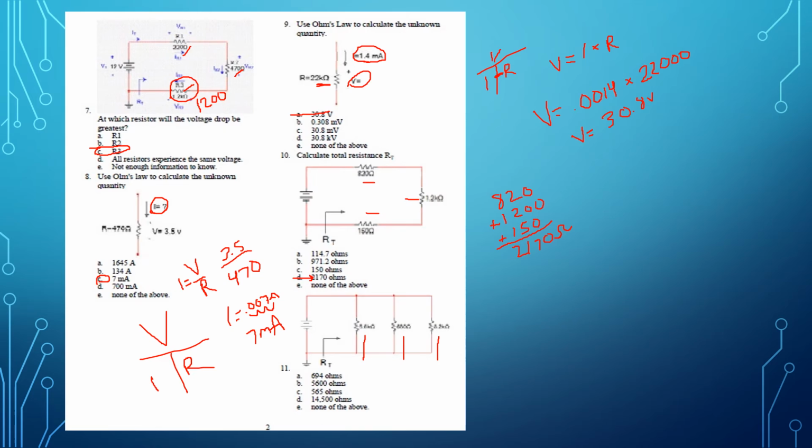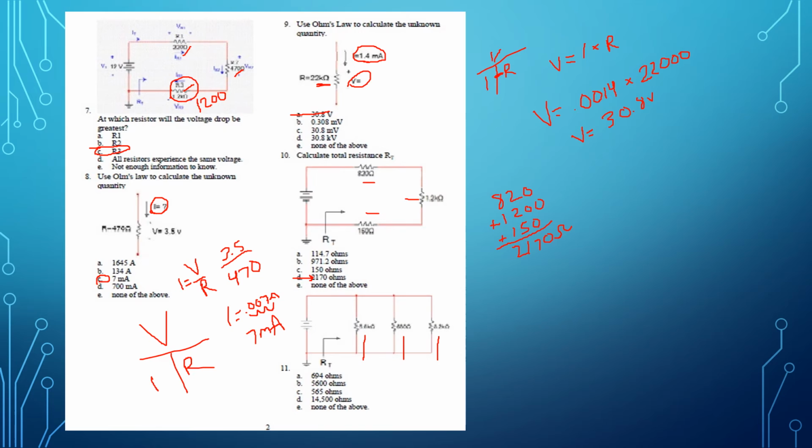So in this case, we've got 5600 ohms for resistor 1, 680 ohms for resistor 2, and then 8.2 kilo ohms, which is 8200 ohms for resistor 3.